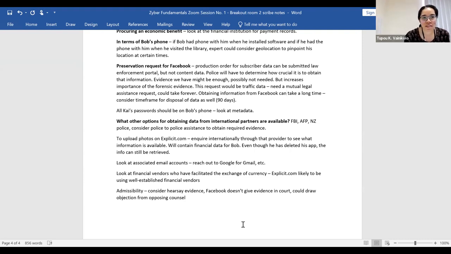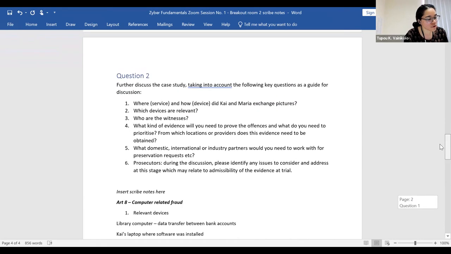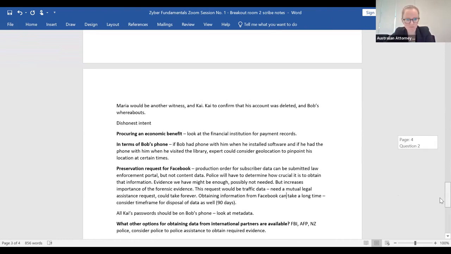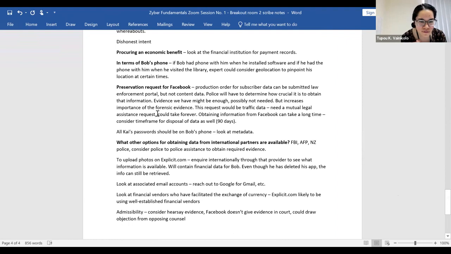We discussed preservation requests. That was in relation to question number 5, I think.